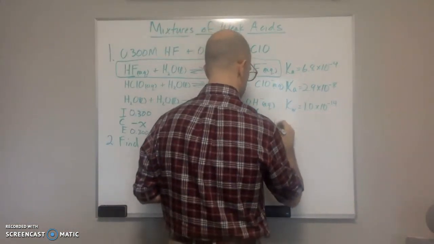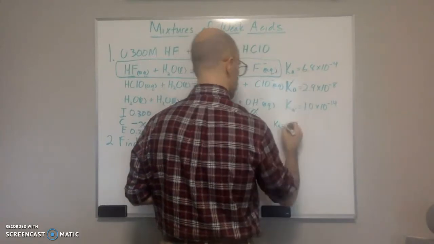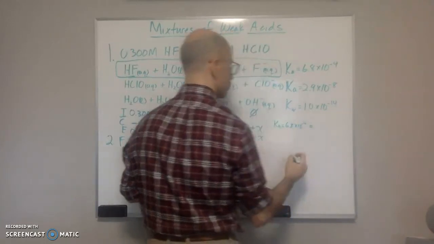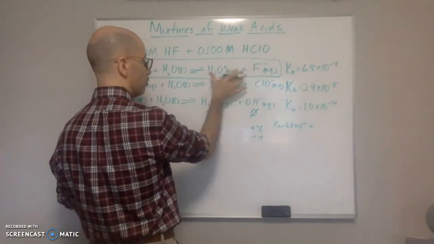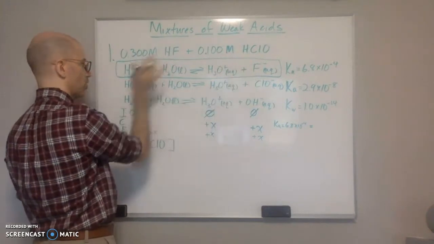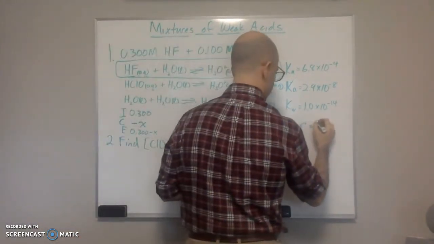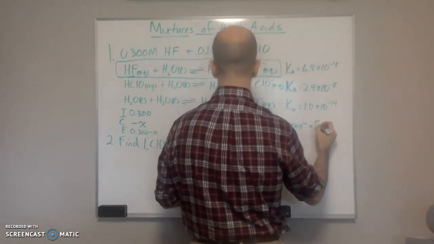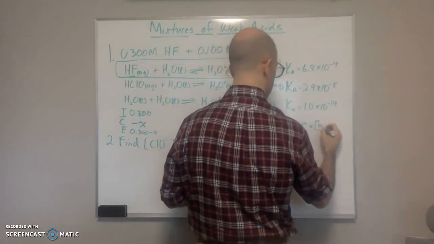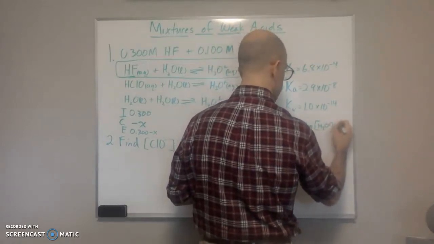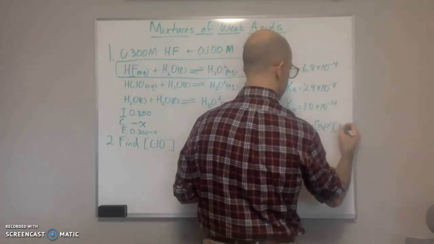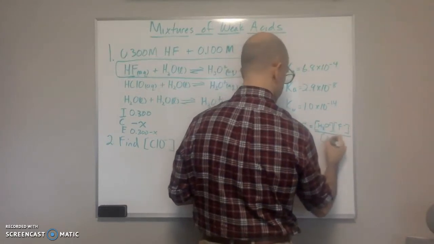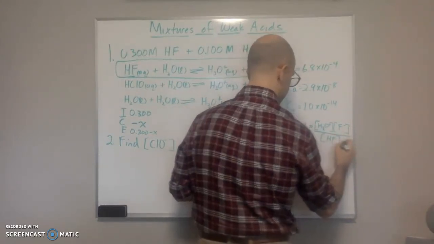So here Ka is equal to 6.8 times 10 to the negative 4, which is equal to the concentrations of the products over the concentration of the reactant, raised to their stoichiometric coefficients. So here we have H3O plus and F minus over the concentration of HF.